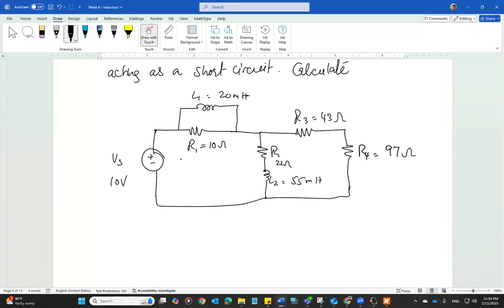Calculate VR1, IL1, IL2, and VR4. So calculate first VR1.